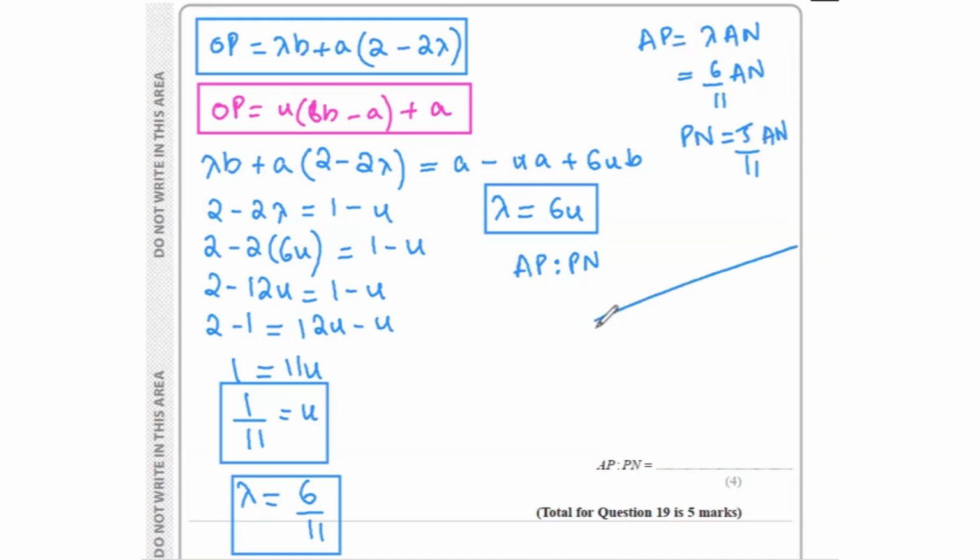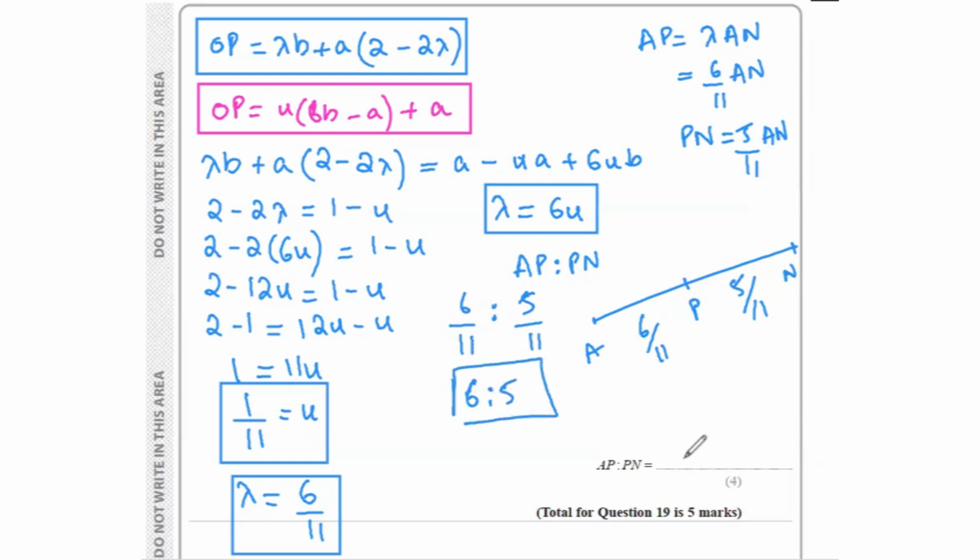Because if the total line is A to N and then there's P over here, AP is 6 over 11, so this is 5 over 11. So going back to this, that's going to be 6 over 11 ratio 5 over 11, which simplifies to 6 over 5. That is your ratio of AP is to PN.